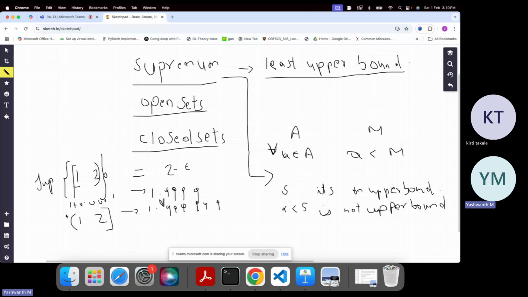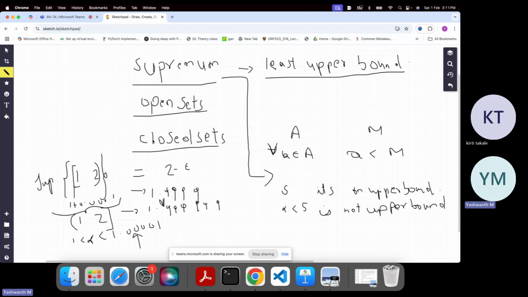You can find a number that lies between this and this, so there exists a number in this set which is less than this. So it's not a lower bound. So that's infimum, the opposite of supremum.